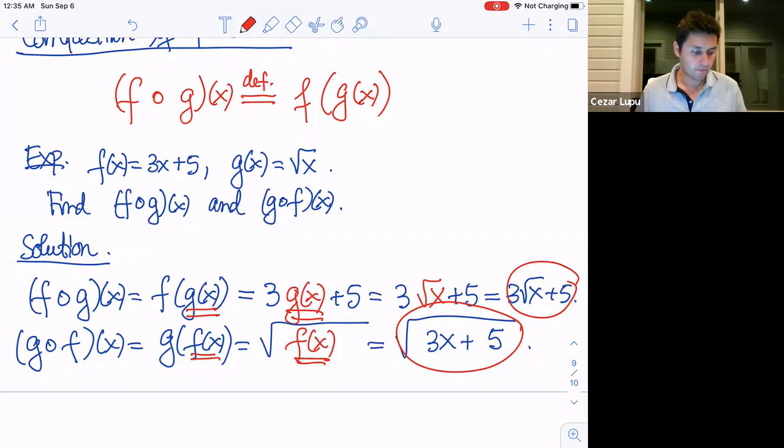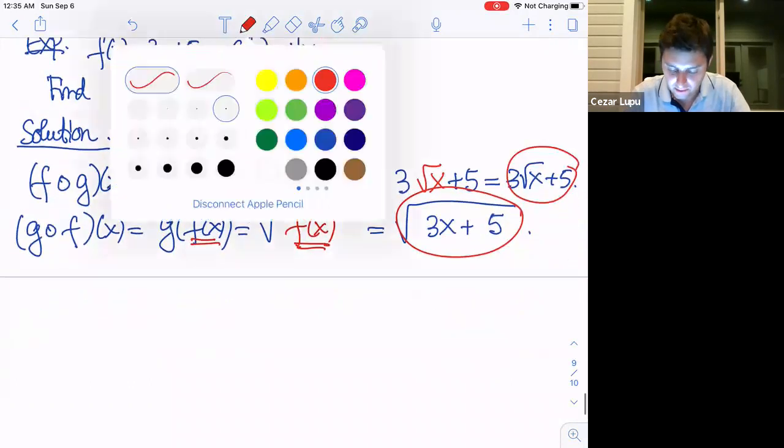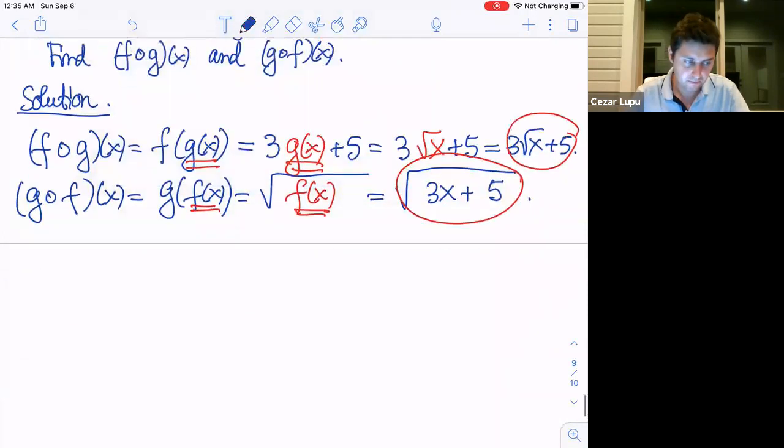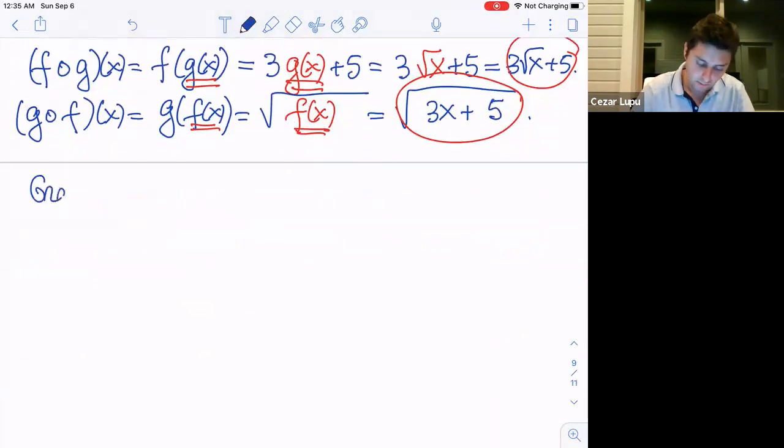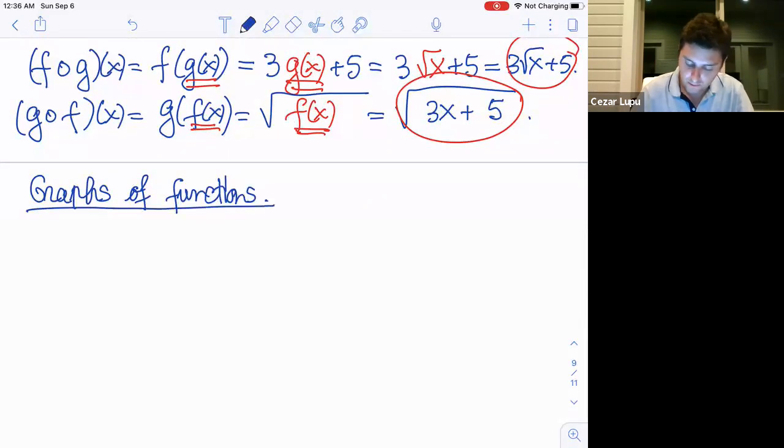And now let me draw some graphs. Let me talk a bit about graphs of functions. Well, what is the graph of a function?